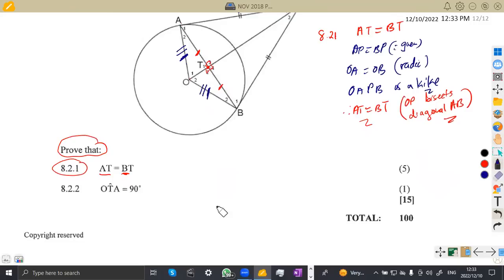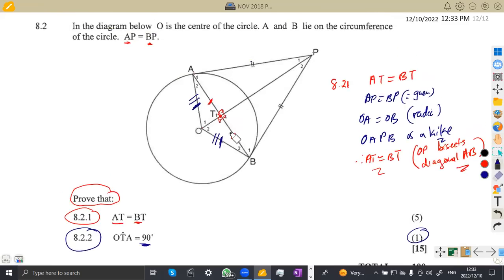Now on 8.22, we want to prove that angle OTA is 90 degrees, and it's just one mark. This is OTA. Remember what I said, that this diagonal bisects the other one at 90 degrees. So definitely OTA is equal to 90 degrees.